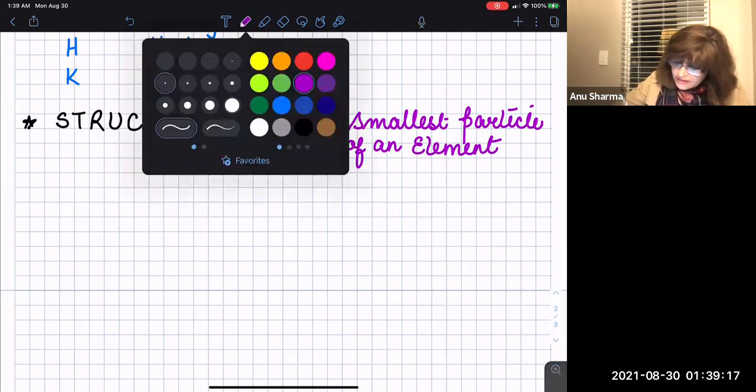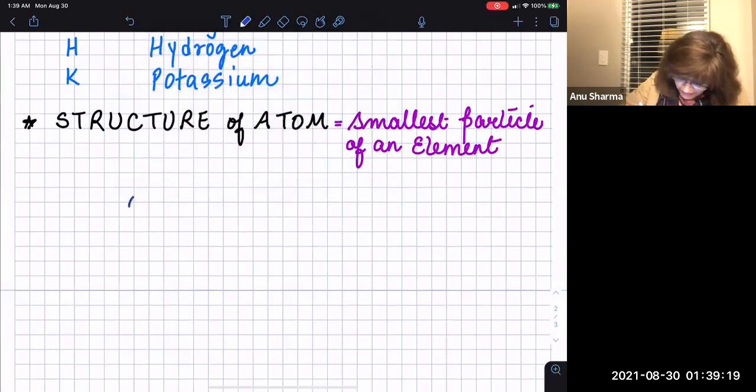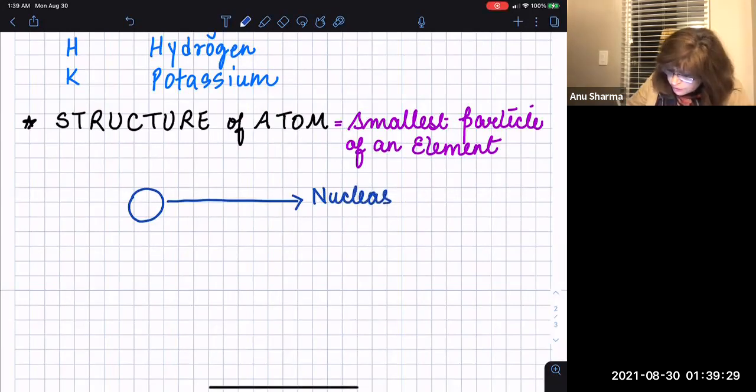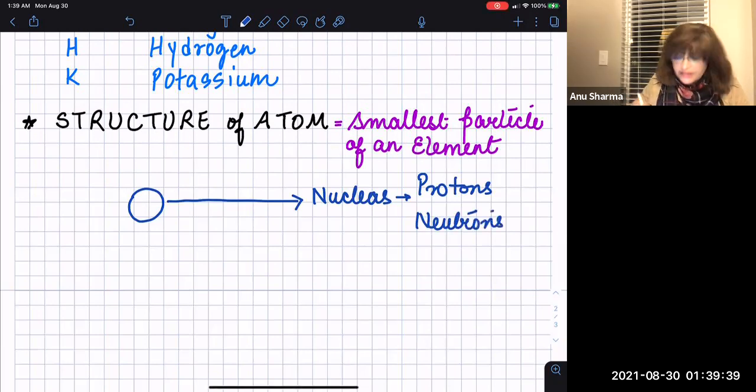Okay, so now the center part is called the nucleus. This was all discovered through experiments also. So this is the nucleus, and this nucleus is made up of protons, and it is also made up of neutrons. So neutrons and protons are together found in the nucleus.